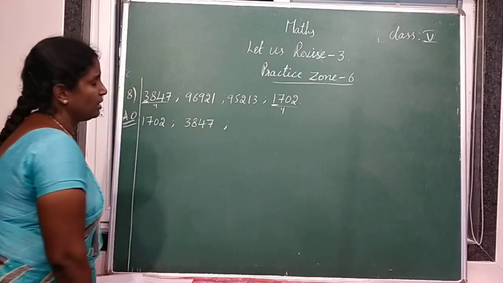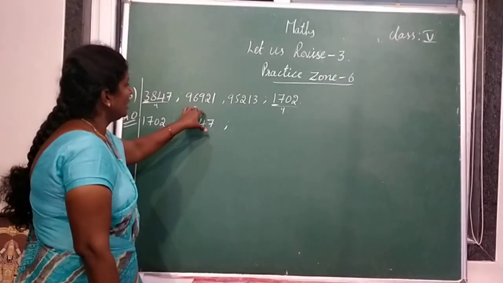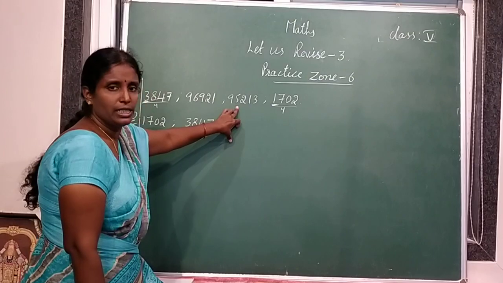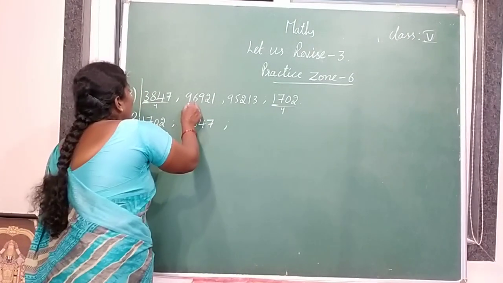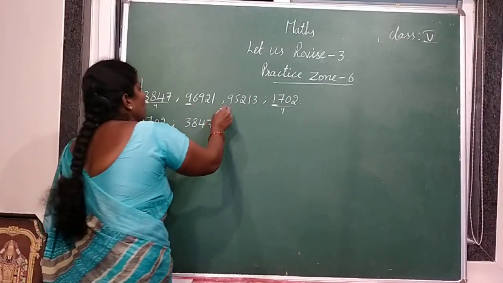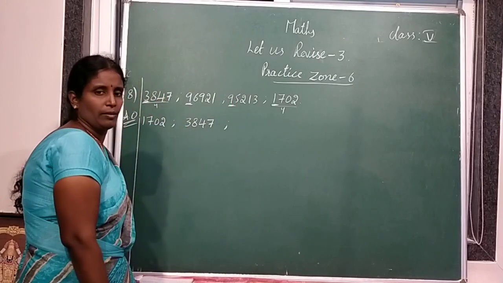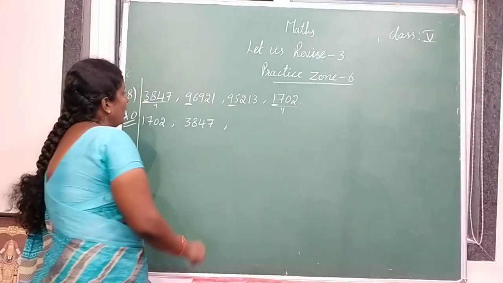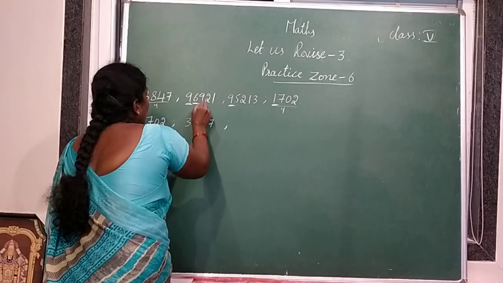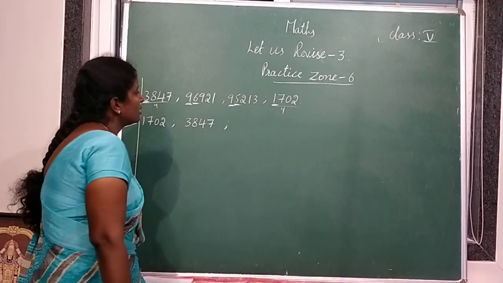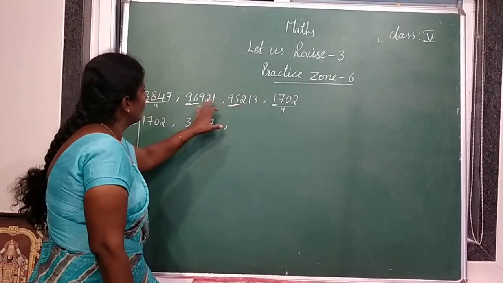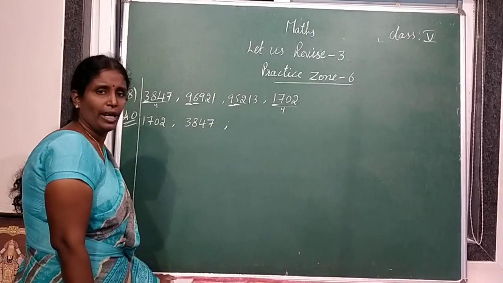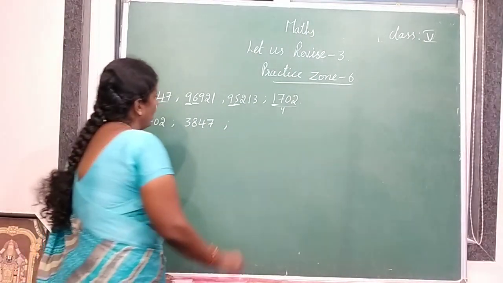Next, this is a 5-digit number and this is also a 5-digit number. But here 9 in the 10,000s place, 9 in the 10,000s place. Same. So compare the thousands. 6 in thousands, 5 in thousands. Which is smaller, 6 or 5? 5 is smaller.